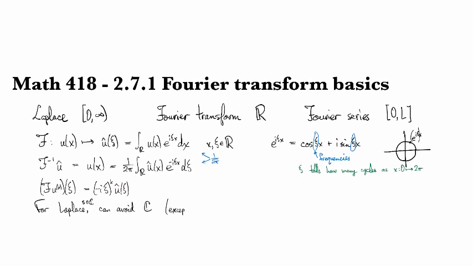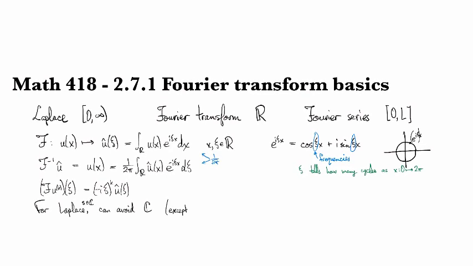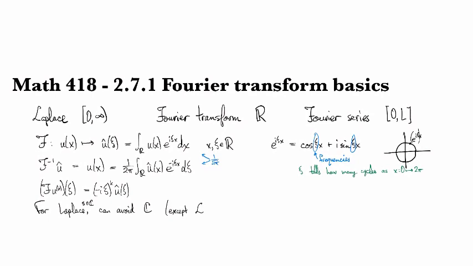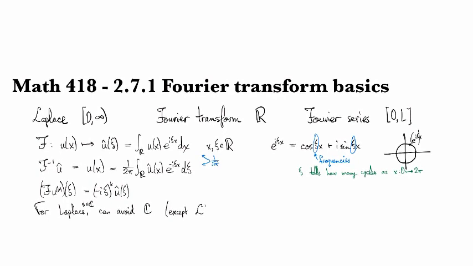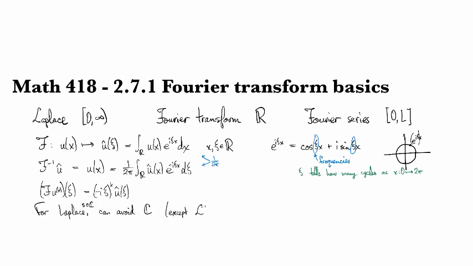Two exceptions to that are when you look at things defined in terms of integrals. In particular, the inverse Laplace transform is a contour integral in C that is necessarily going to be complex.